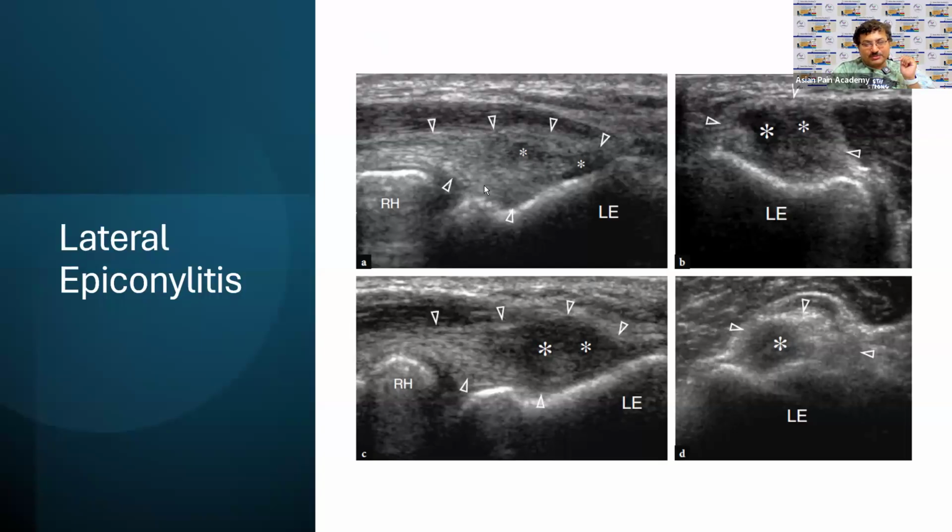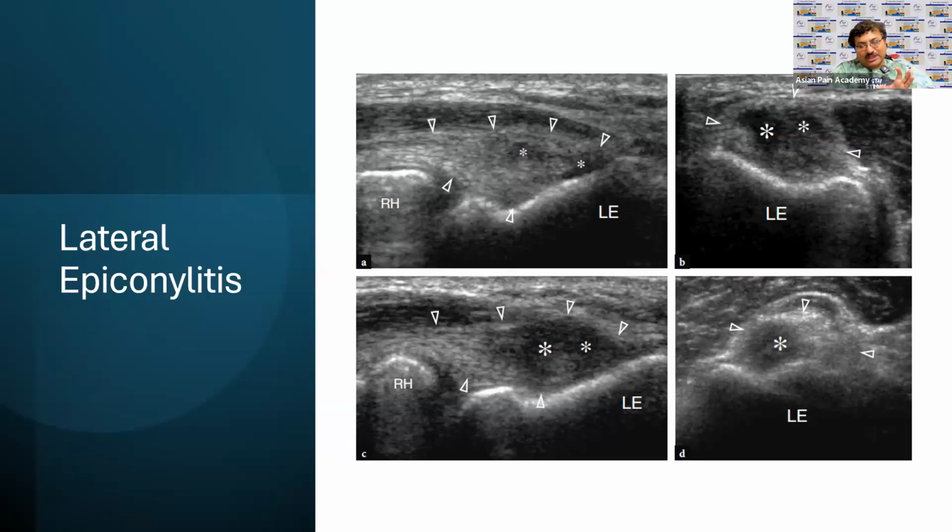Seeing in both views is important, especially at this area, because here the tendons change their angle near the insertion. In certain cases anisotropy might be there, and you might mistake it for lateral epicondylitis. That is why it is very important to check in two ways. First of all, you toggle the probe to see whether there is anisotropy or not.